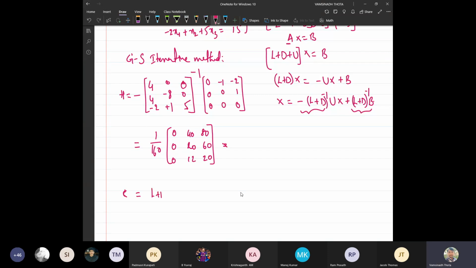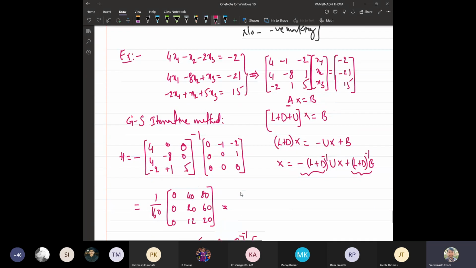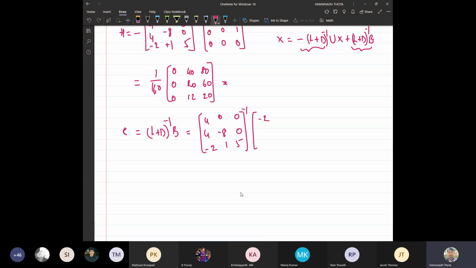So that is also (L + D) inverse times B. (L + D) is 4, 0, 0, 4, -8, 0, -2, 1, 5, inverse, and B is -2, -21, 15. Give me the constant matrix at least.